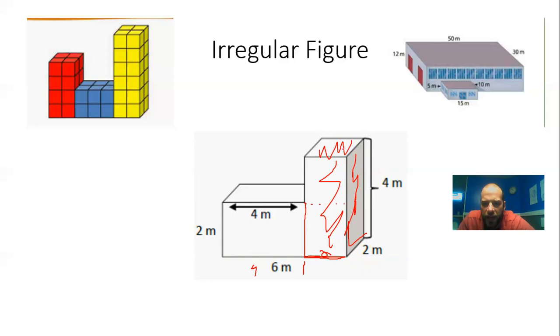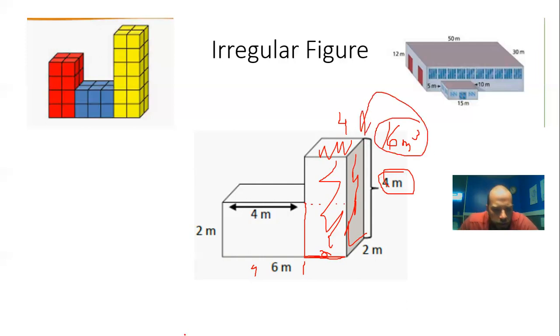So the base of this figure is 2 by 2, which is 4. And then the height is 4, because if the area is 4, it goes up and down 4. So 4 times 4 is 16. So my whole entire volume of the red figure is 16.